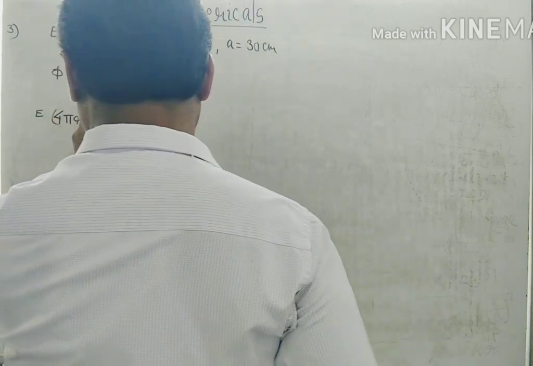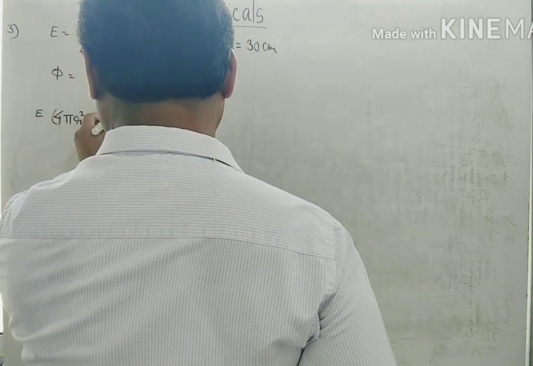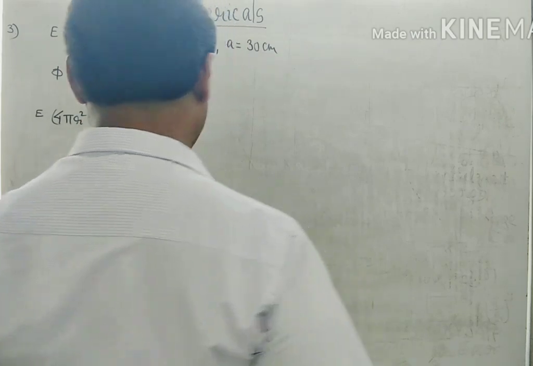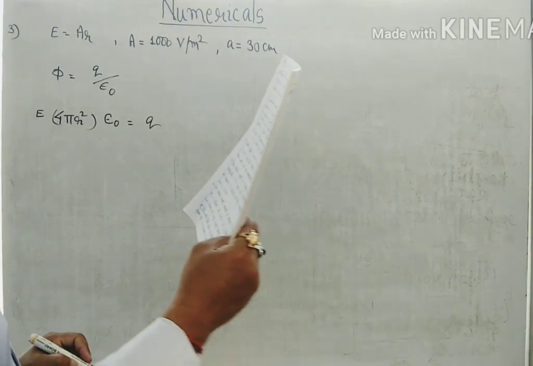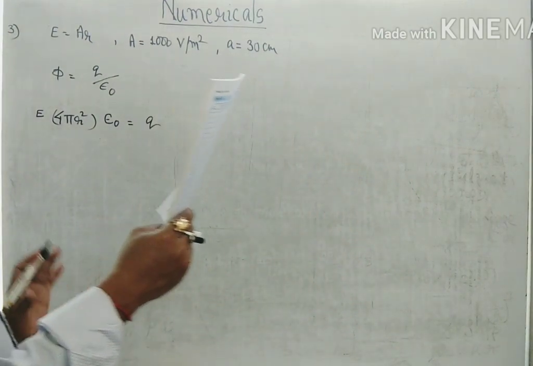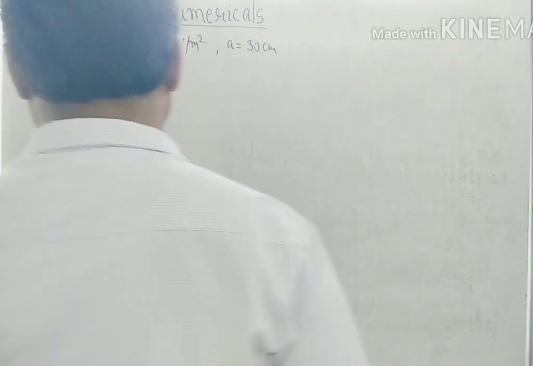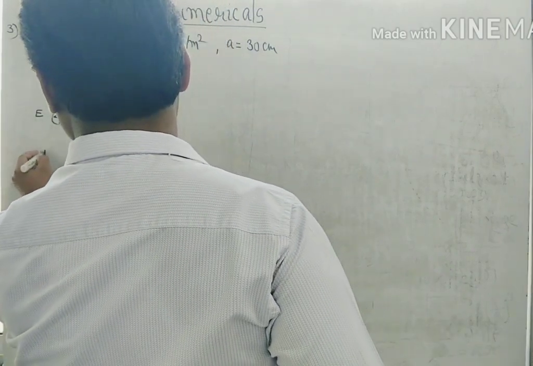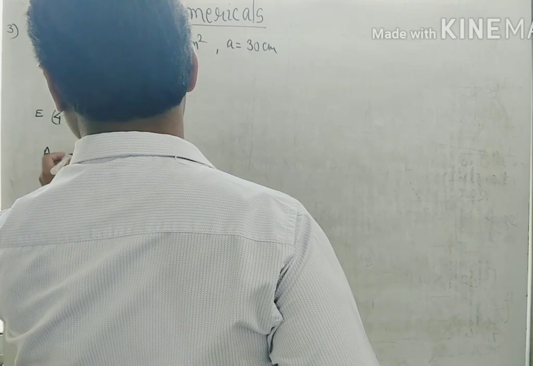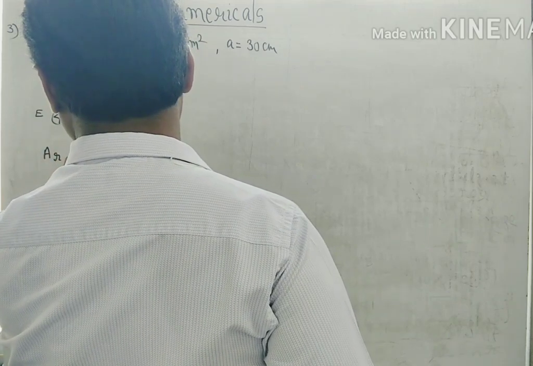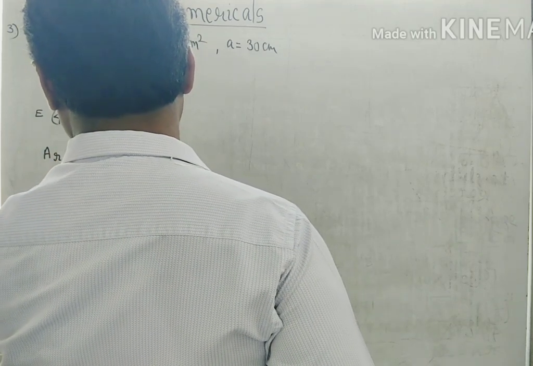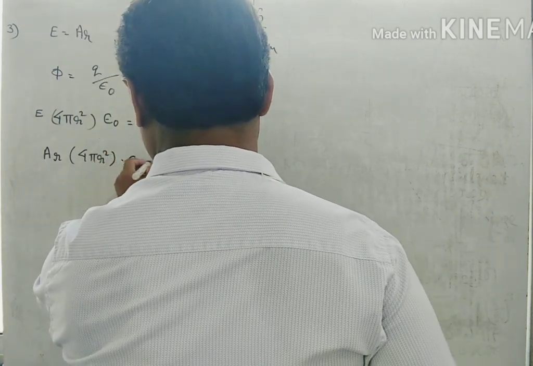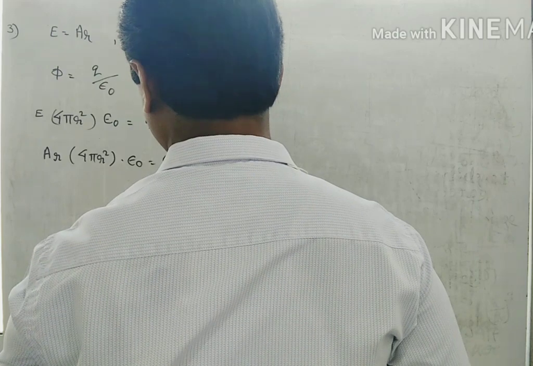We need to calculate the charge contained in the sphere. So placing the value of E here, we have A into r, along with 4 pi r square into epsilon naught, which equals small q.